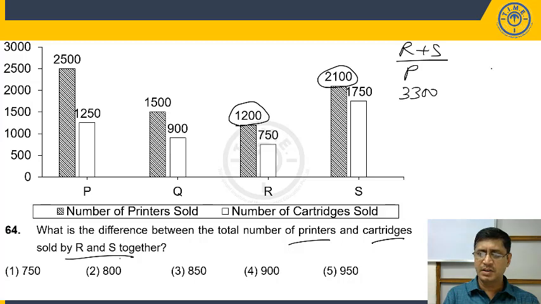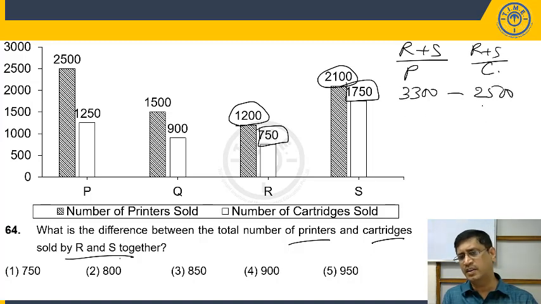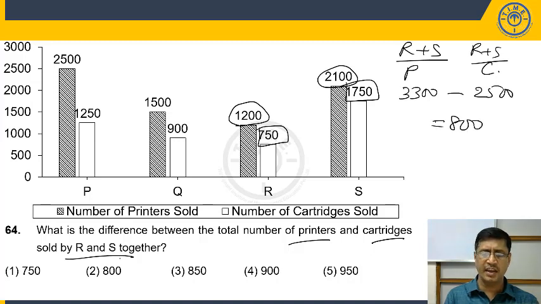What about the cartridges by R and S? Here it is 750 plus 1750. How much is the result? It is 2500. Now what is the difference of these two values? The difference of these two values is 800. So option number 2, the second choice, is the right answer for this question.